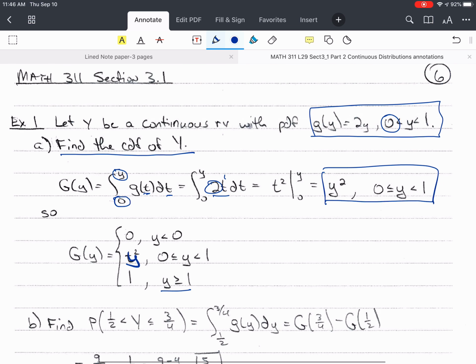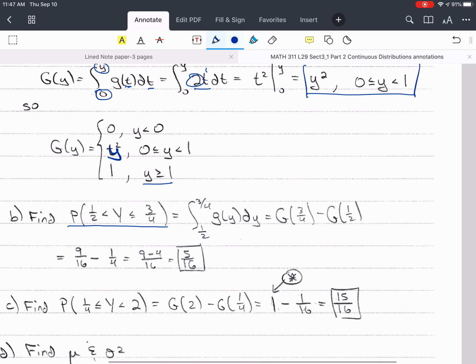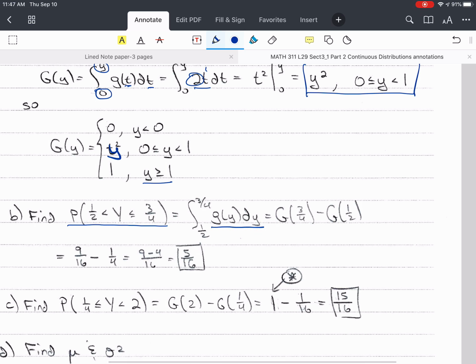So now let's find the probability that y is between 1/2 and 3/4 with the same function. So this is going to be the integral of g of y dy from 1/2 to 3/4. We've already figured out the CDF, so we can just use that. We don't have to do the integral again if we've already done it, and we have.